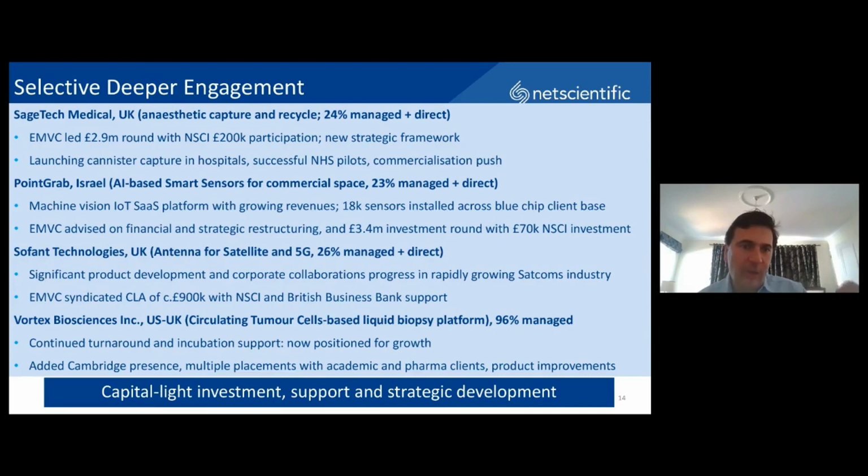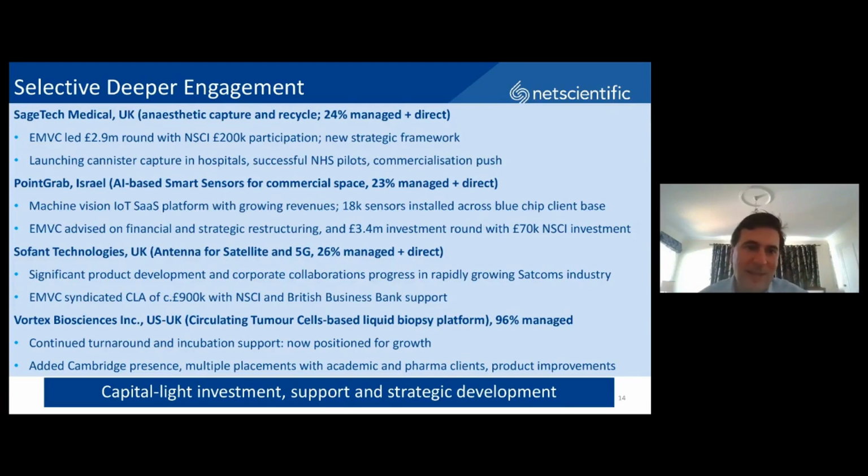What COVID showed in a very painful way is the importance of having flexible infrastructure at hospitals, but equally the NHS is under a lot of pressure, as are all sectors, to decrease their greenhouse gas emissions. And Sagetech's product addresses both of those aspects.